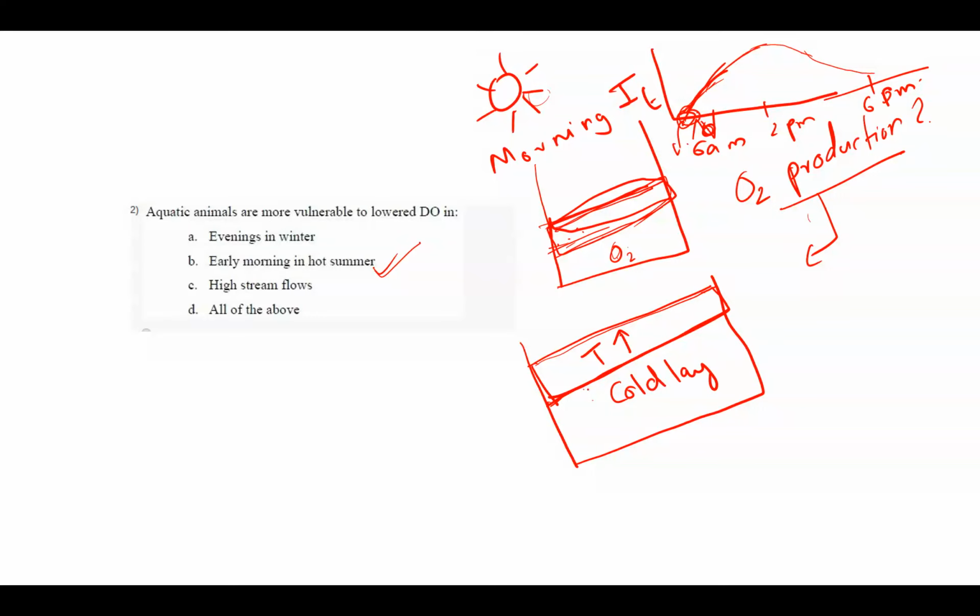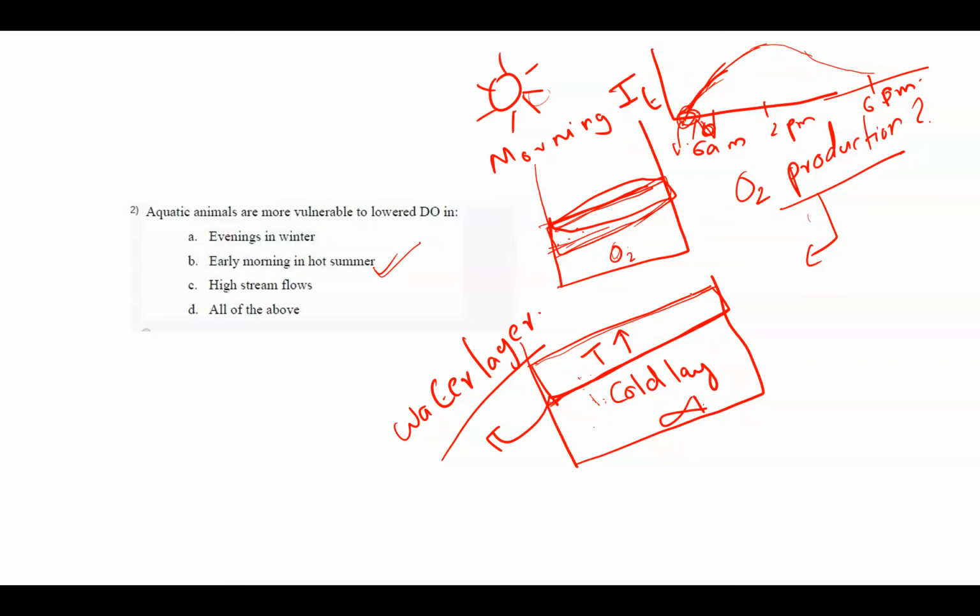Because of this process, the mixing of water layers will also be less. Water layer mixing is less during the hot summer, because of this stratification, as the layers are arranged like that.